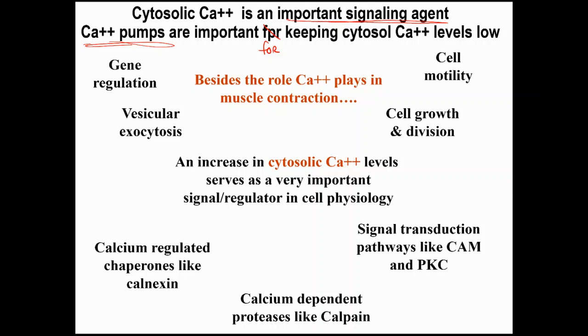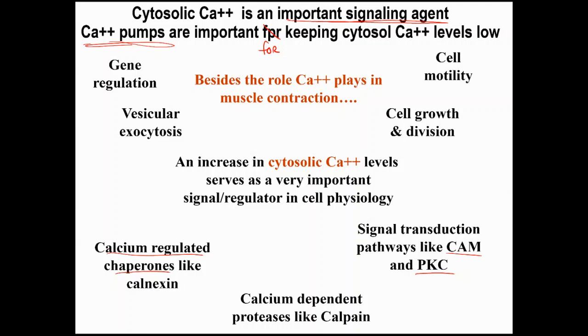It can be involved in signal transduction pathways, such as the CAM pathway and also PKC. It can also be involved in calcium-regulated chaperone proteins like calnexin and calcium-dependent proteases like calpain.